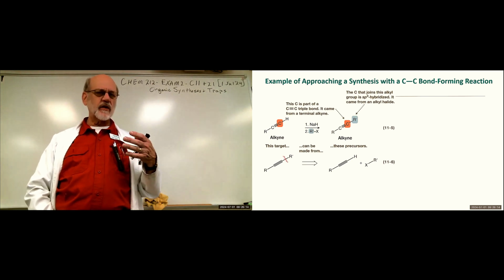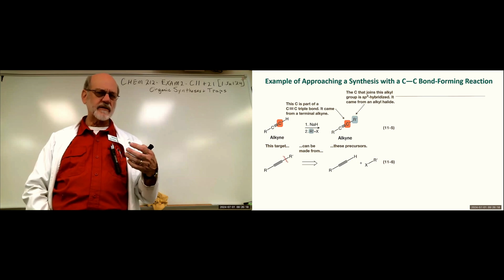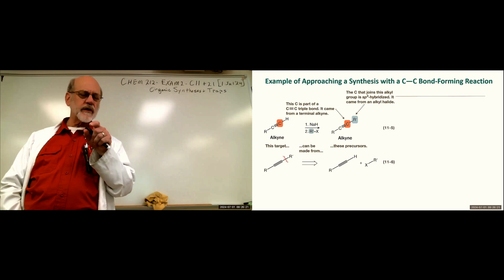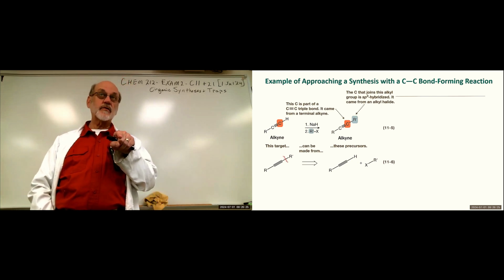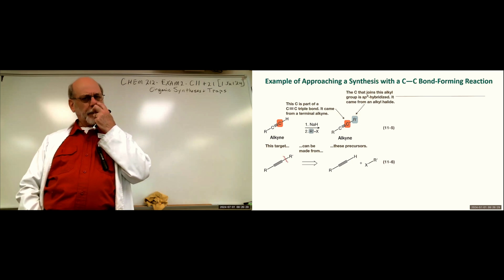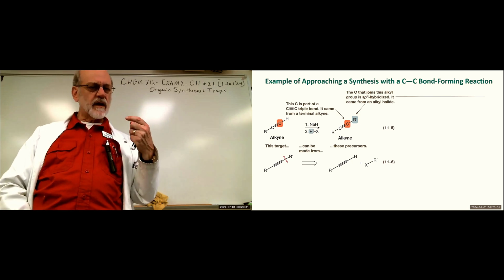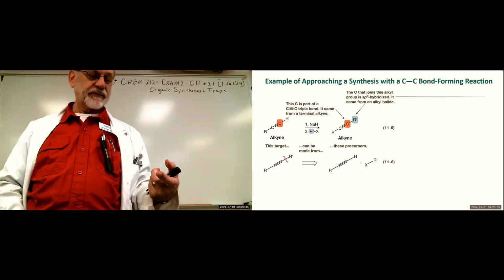But if we look at it in terms of retrosynthetic analysis, we would focus in on the product alkyne. And that's what we did down there on the lower left. And then we'd say, okay, where's the bond? Since we're doing retro, which bond needs to be broken?